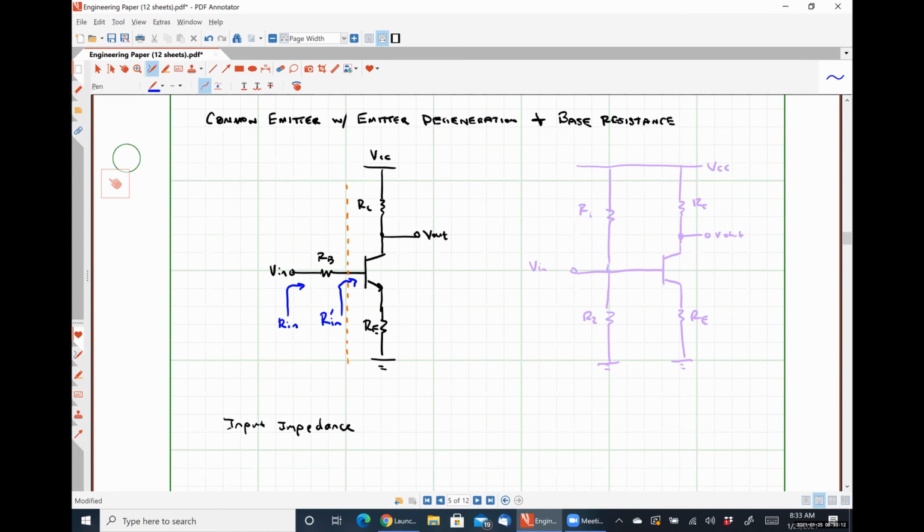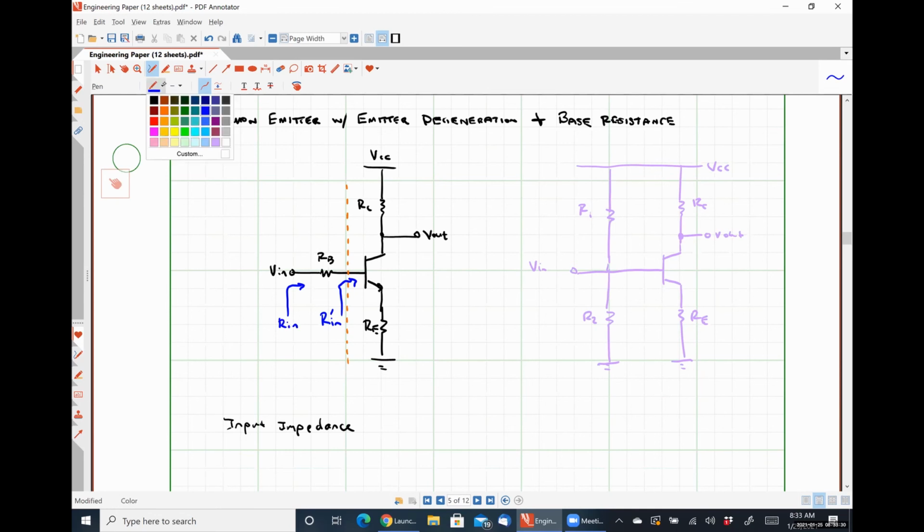So we don't have to draw our small signal model again and do all of that analysis if we can break these things up into building blocks where we know how each individual part behaves. This is where our qualitative analysis really starts to kick in to help simplify things, okay?